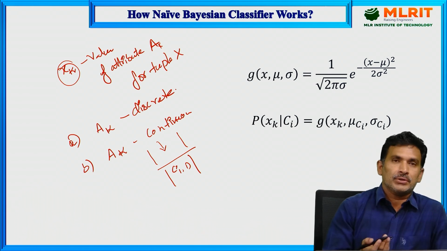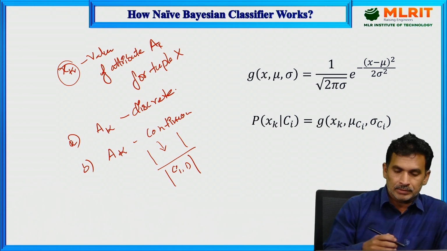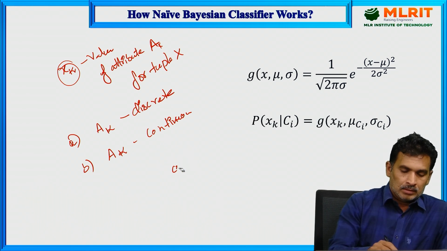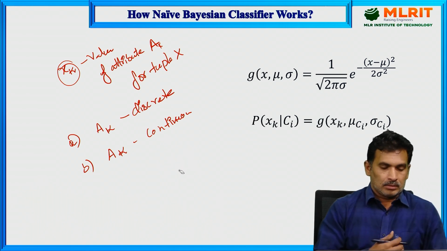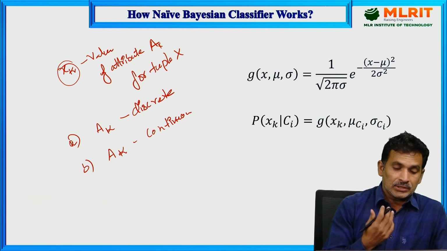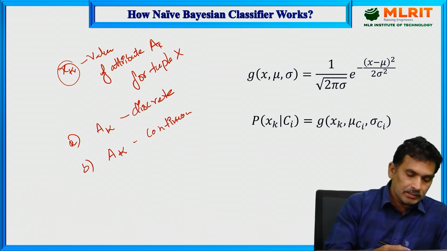If it is continuous, then the continuous data would follow the Gaussian distribution.